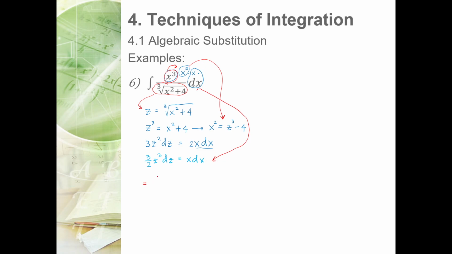Okay, so we are now given z cubed minus 4. Then x dx is 3 halves z squared dz. And then our denominator is just the z parameter. So cancel out one z. Then taking the constant outside, we now have 3 halves integral of z cubed minus 4 times z dz.